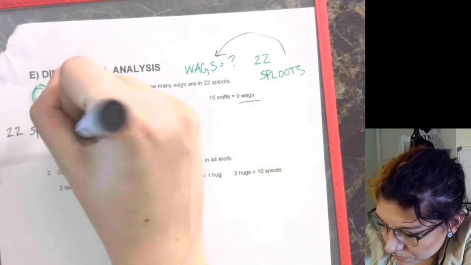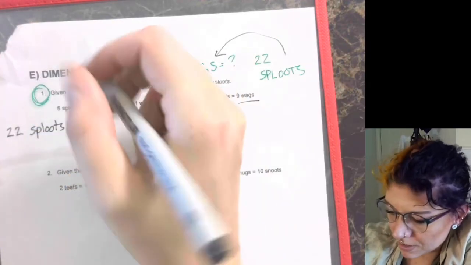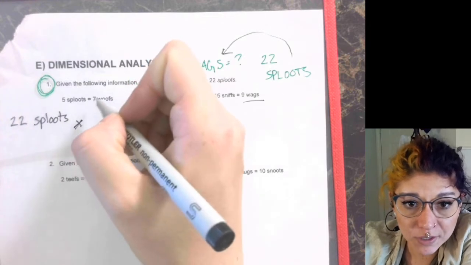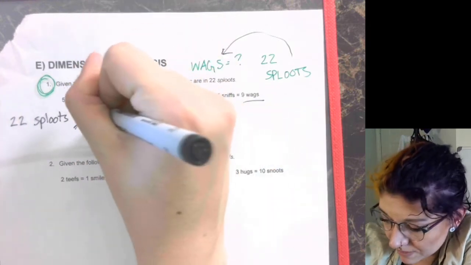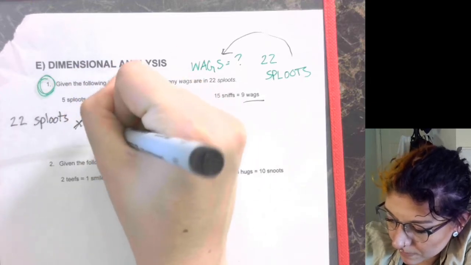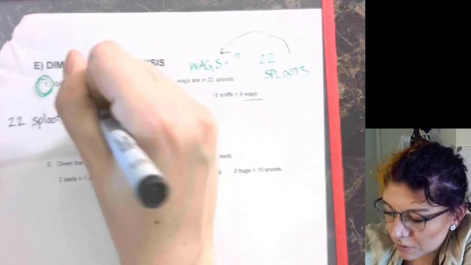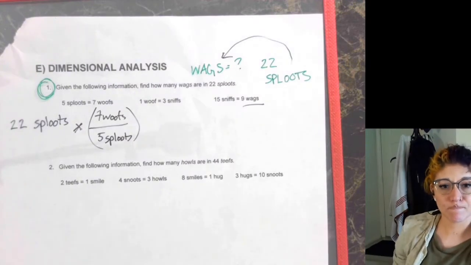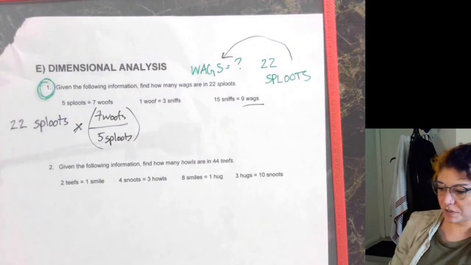So 22 sploots. So I want to get rid of the sploots. So I'm going to say, there are 7 woofs in 5 sploots. That's one conversion there.